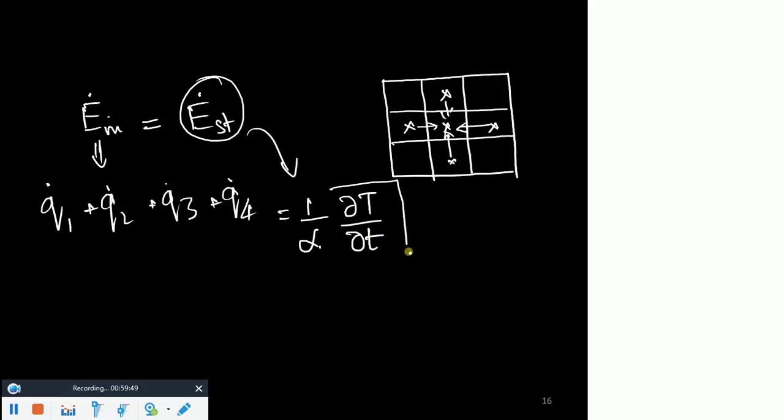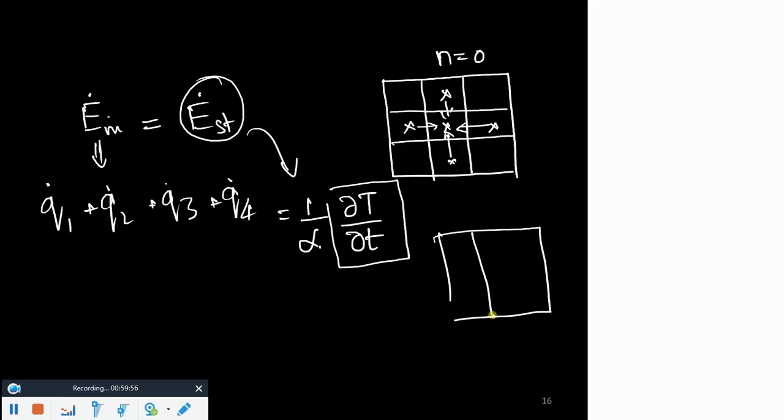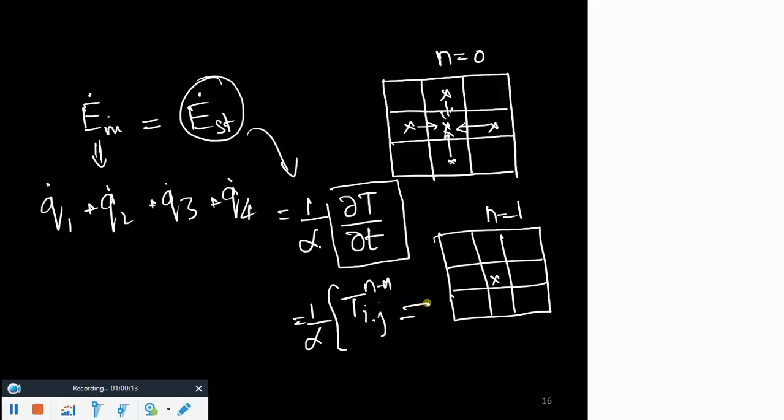And similarly, because this is partial T by partial t, for example, this is at nth time level 0, and you want to find out your value at nth time level equals 1, for example. So you would take a difference of this value and this value. 1 over alpha Tij, let's say n plus 1 minus Tij n over delta t. And these terms you can already know.